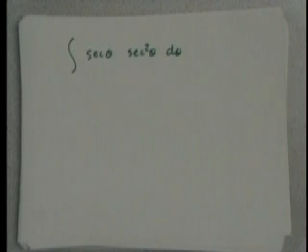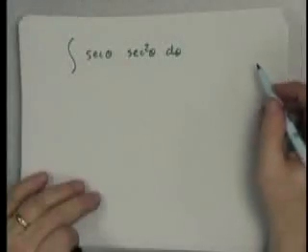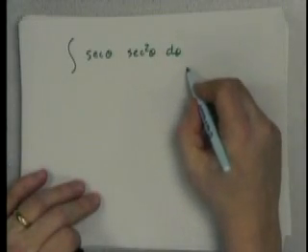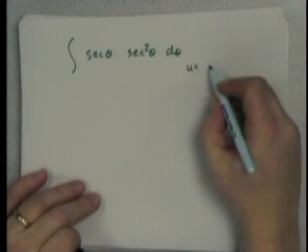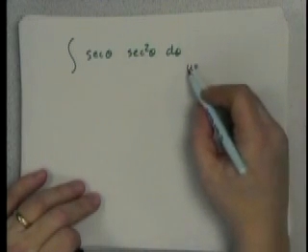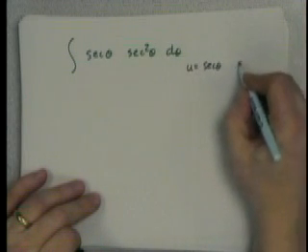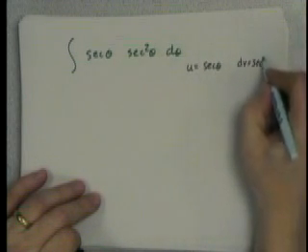Try doing it by parts. There are two different ways to try this. Essentially we want to let u be secant theta, and dv be secant squared theta d theta.